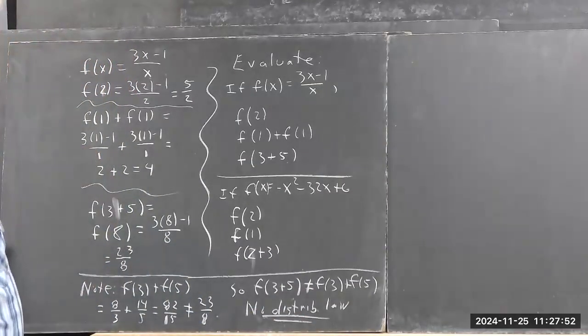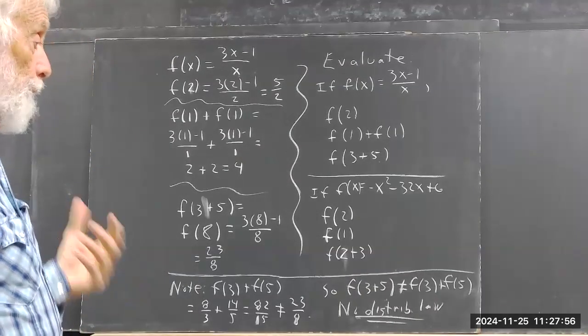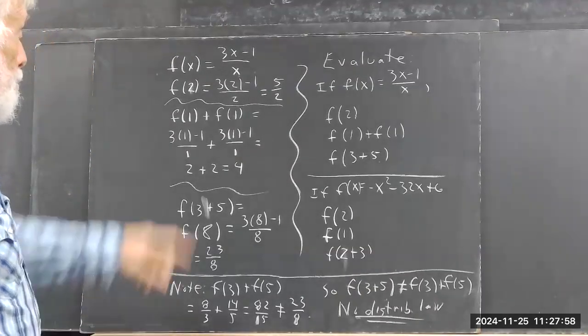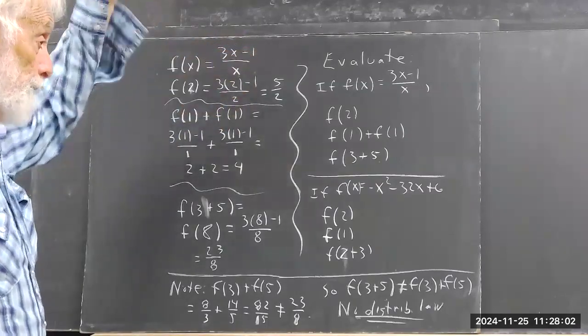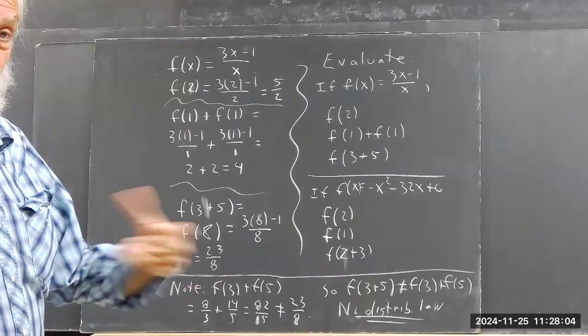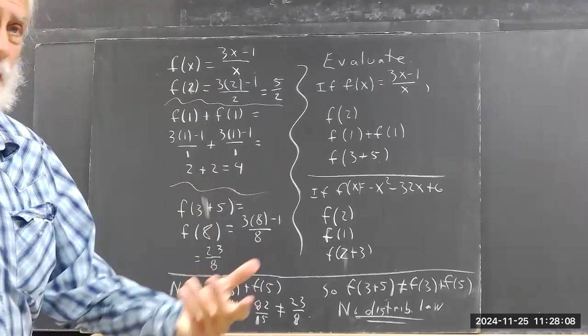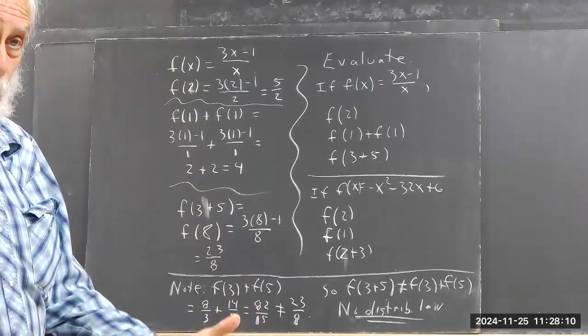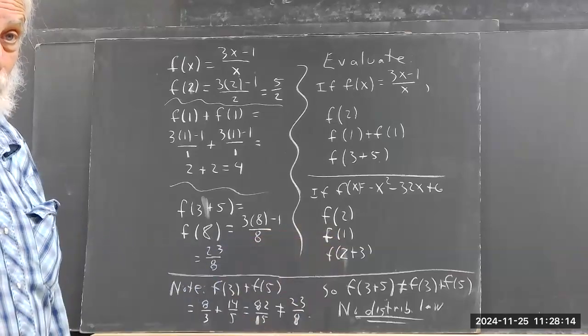And we just proved that. Now, there are some functions. If f of x is a linear function, if instead of 3x minus 1 over x, it was 3x minus 1 over 10, for example, that would be a linear function. And if you do it this way or you do it this way, you get the same thing. But that only works for linear functions. It doesn't work for any other kind of function.